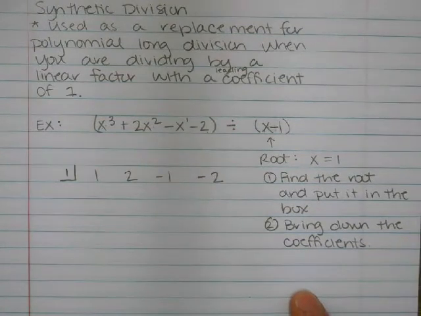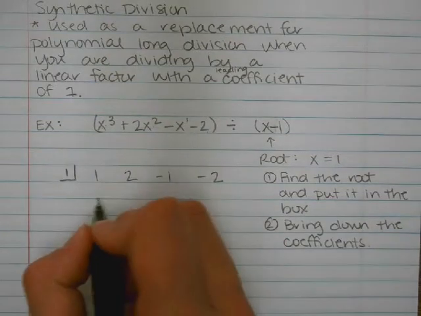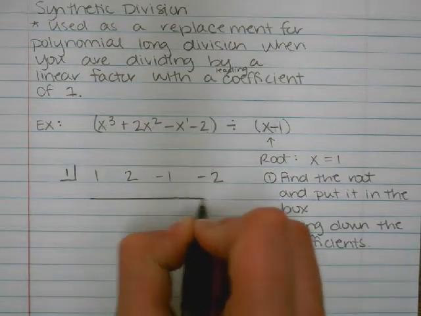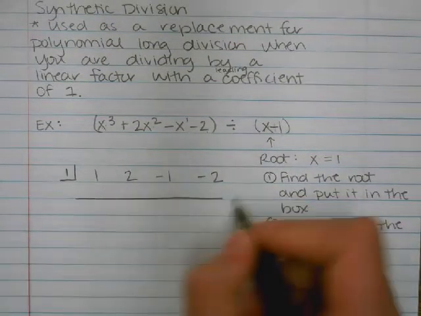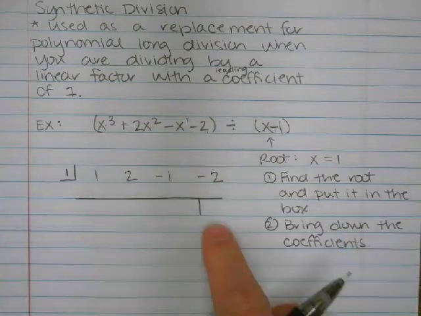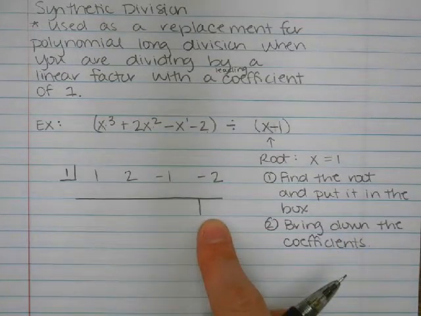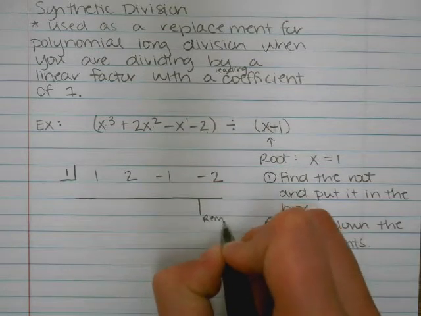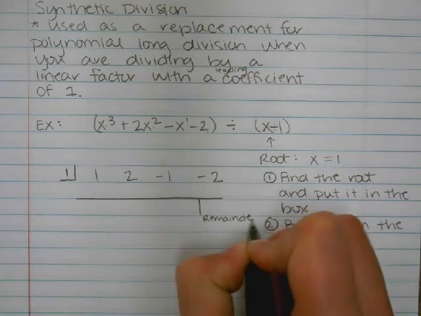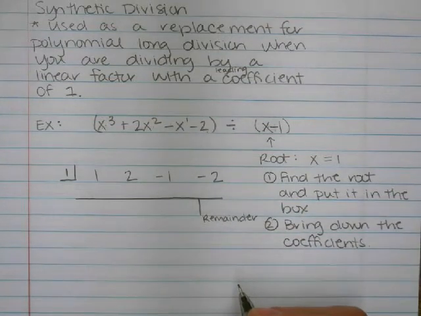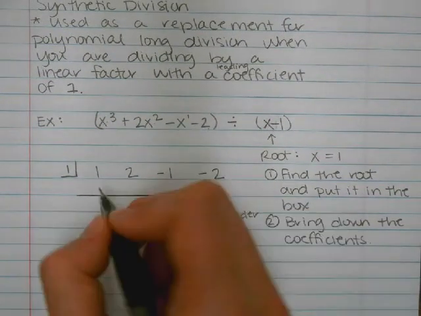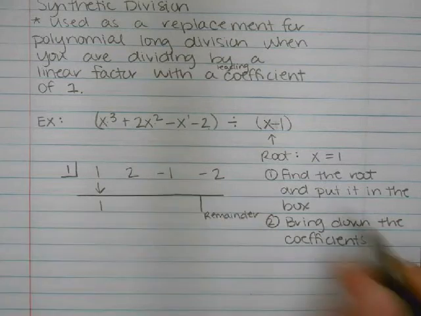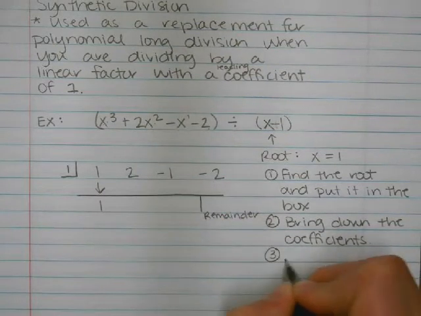Our next step, we draw this line underneath and we put a box right here. This box is for the remainder, so this is the remainder box. All right, so here's what we do. We drop down the first number.